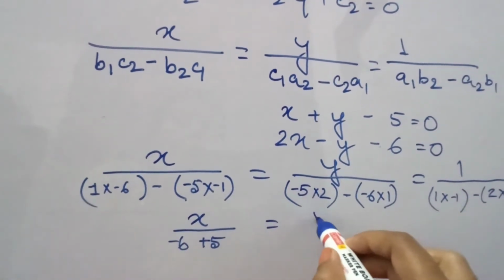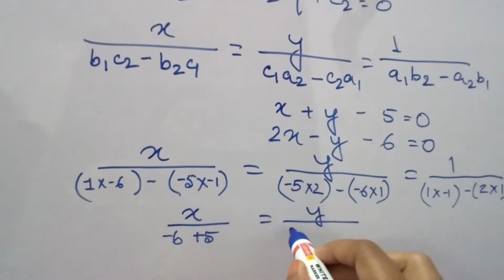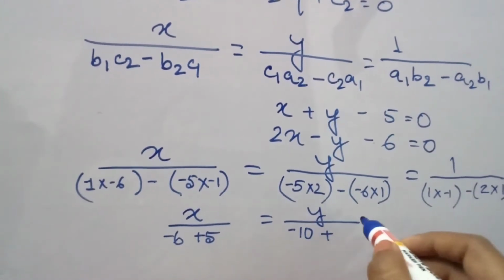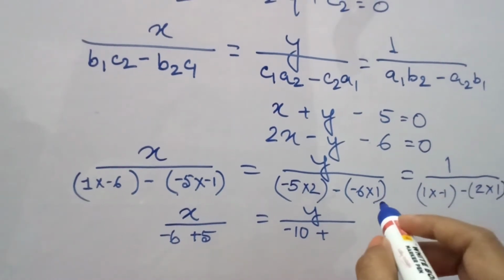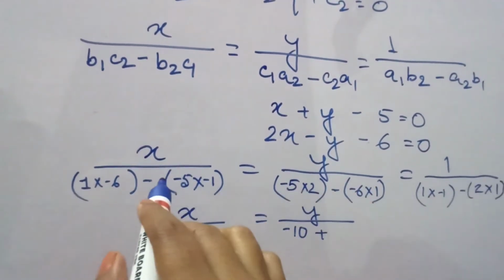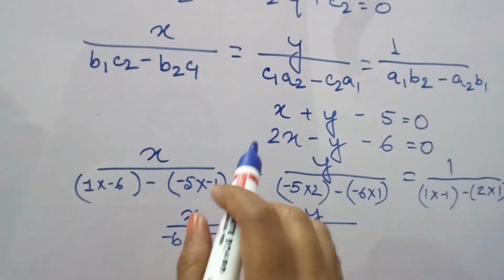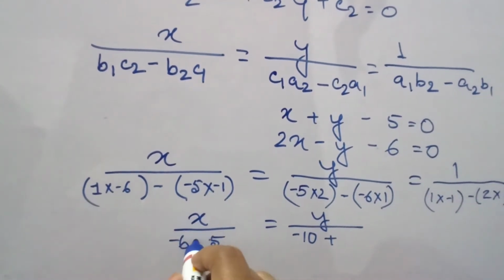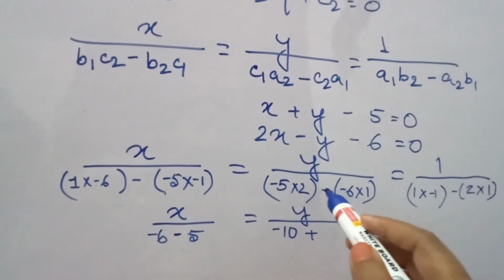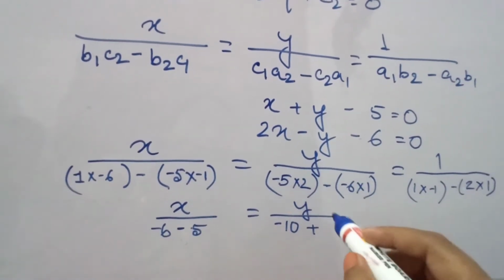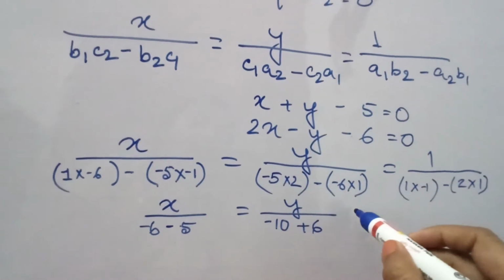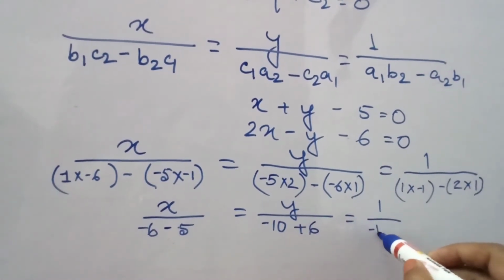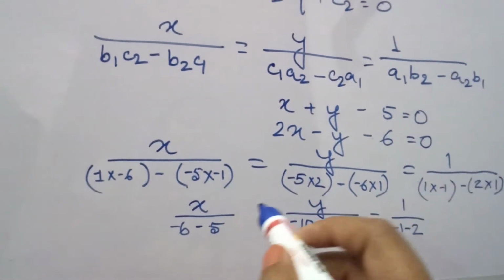Here what do I get? Minus 10 plus 6, and here 1 by minus 1 minus 2.